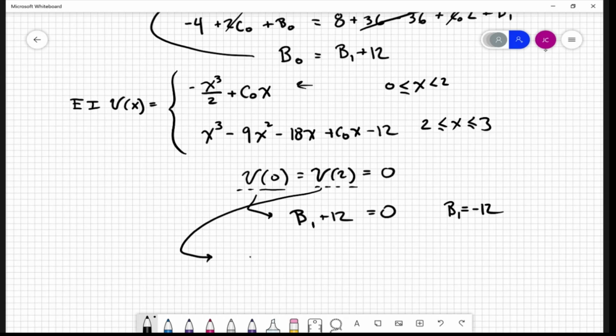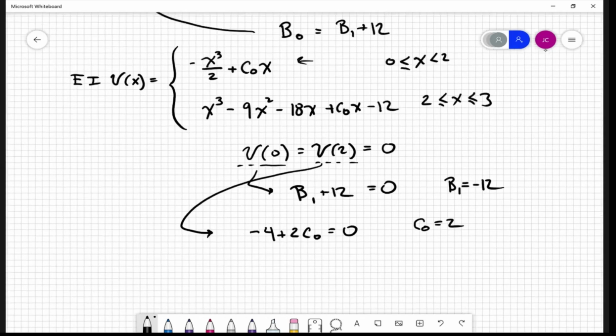So we get minus 4 plus 2C0 has to go to 0, right? And if that's the case, then we know that C0 has to equal 2, correct? And now finally, that's going to give us the end results. So now all the constants of integration are gone.